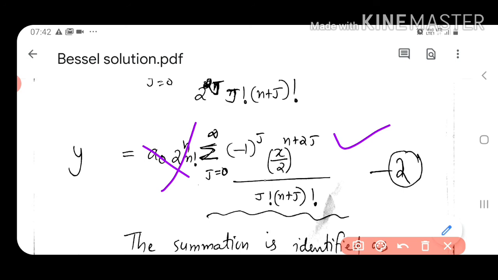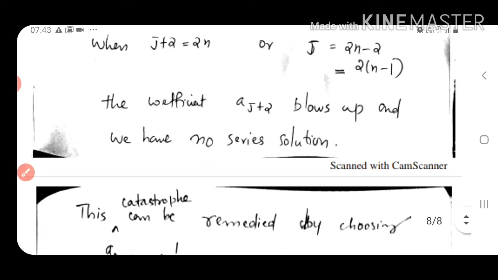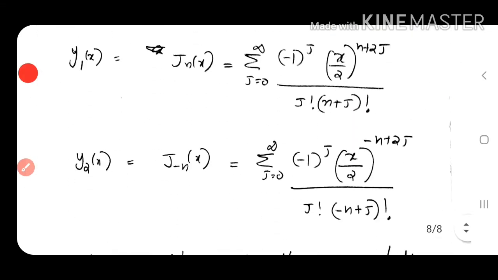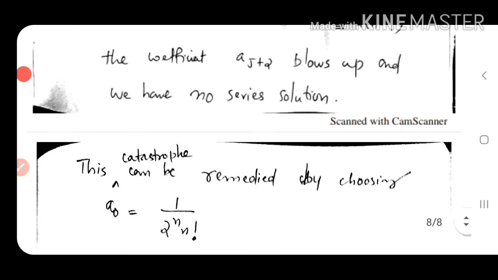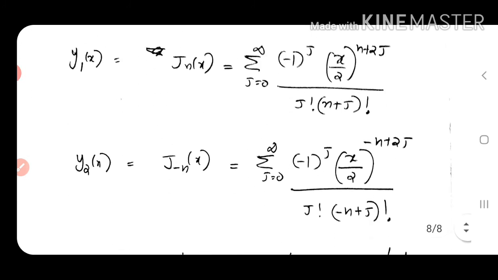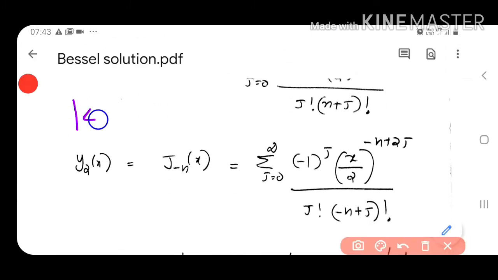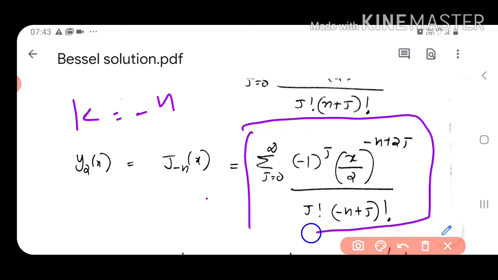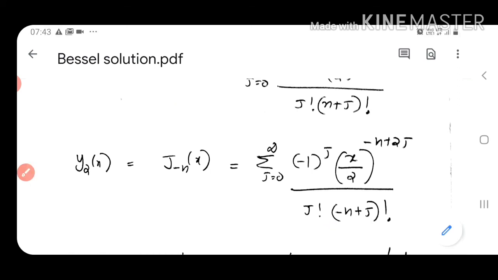For the second solution, we take n equal to minus n, and we have the solution here. The y2 for k equal to minus n now becomes this: sigma j from 0 to infinity, minus 1 to the power j, x by 2 to the power minus n plus 2j, and here we have minus n.